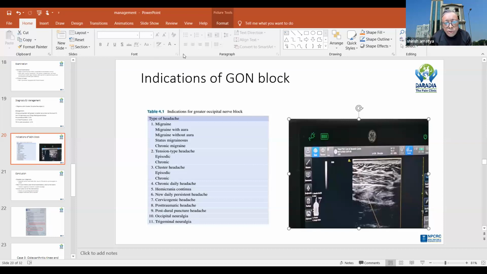I have listed the various indications of greater occipital nerve block. It is given in most cases of headache: migraine with aura, migraine without aura, chronic migraine, and sometimes tension-type headache, both episodic and chronic, cluster headaches, and chronic daily headache.